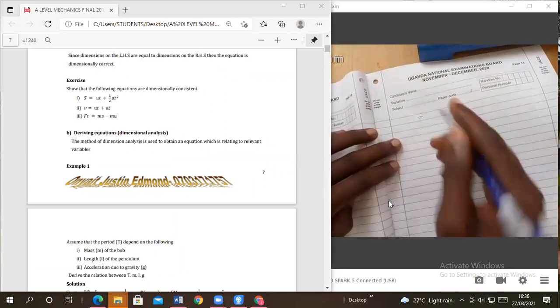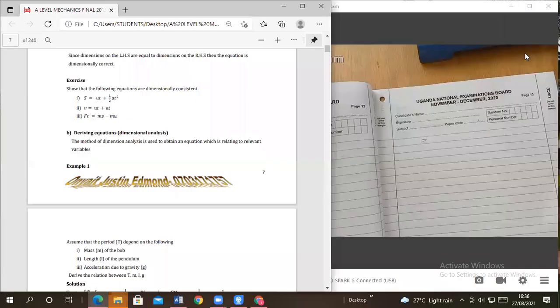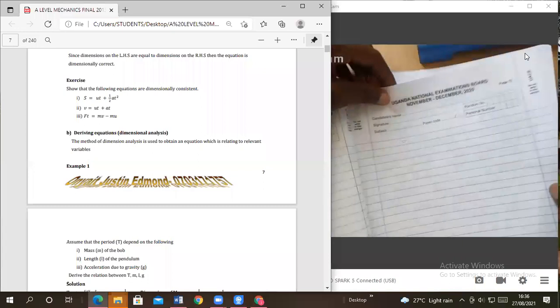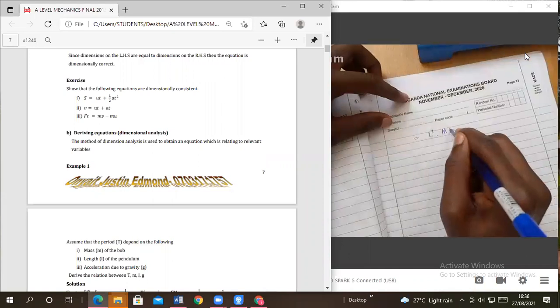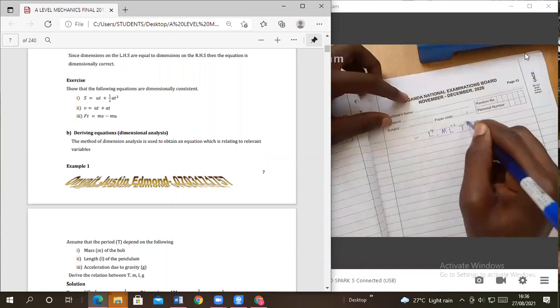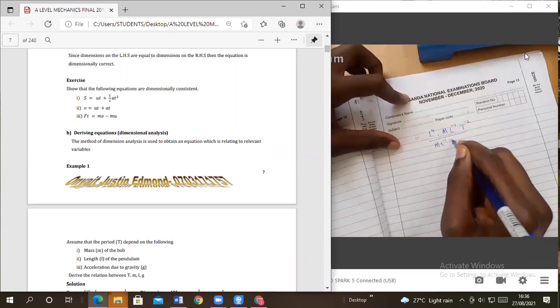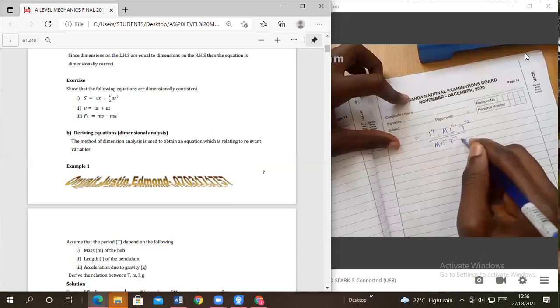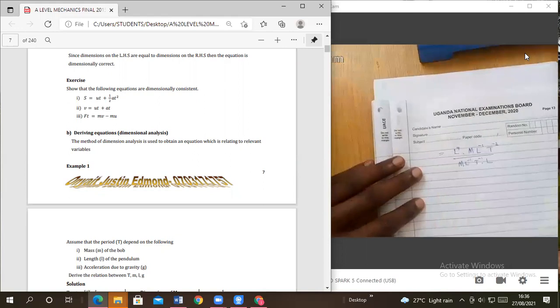Let me write it here again so that you can see it clearly and we remain consistent. Members, I'm sorry, our time is running out. So we have L to the power 4 times M L to the power -1 T to the power -2, divided by M L to the power -1 T to the power -1 L. Let's work it out.